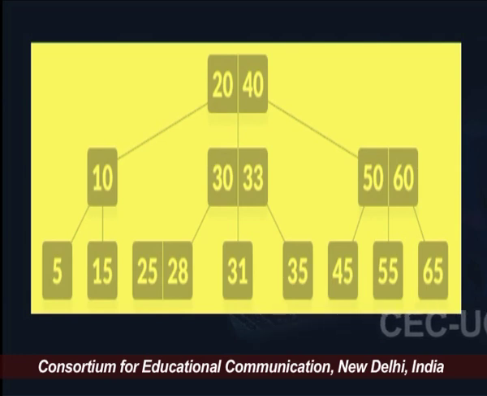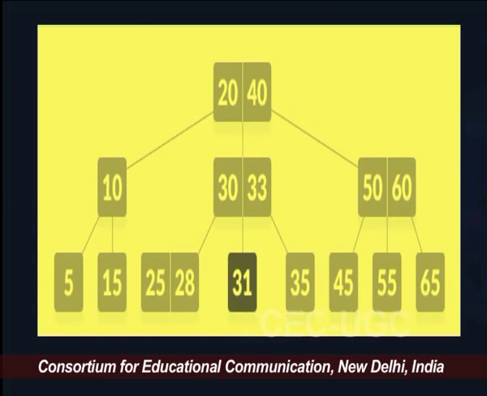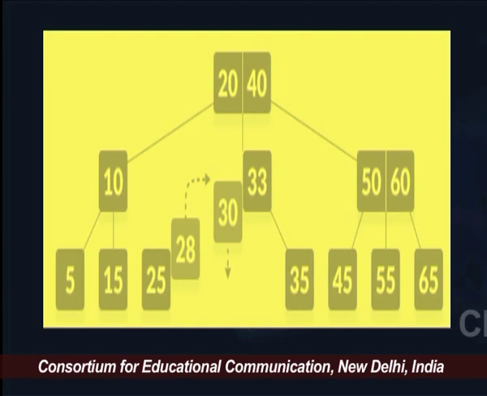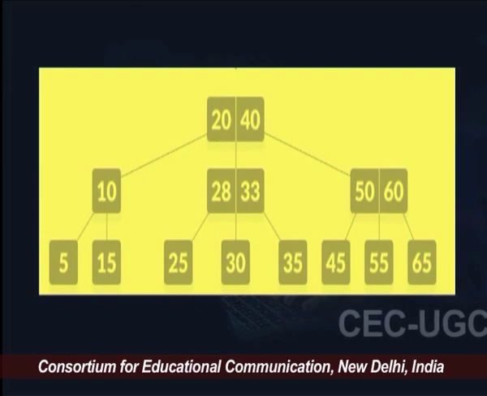From there 30 is to be borrowed, or we can say the median key of 28, 30 and 33, which is 30, is to be borrowed. So 28 is given to the parent node, and from there 30 is going to be borrowed. So the final tree after the deletion of 31 looks like this.